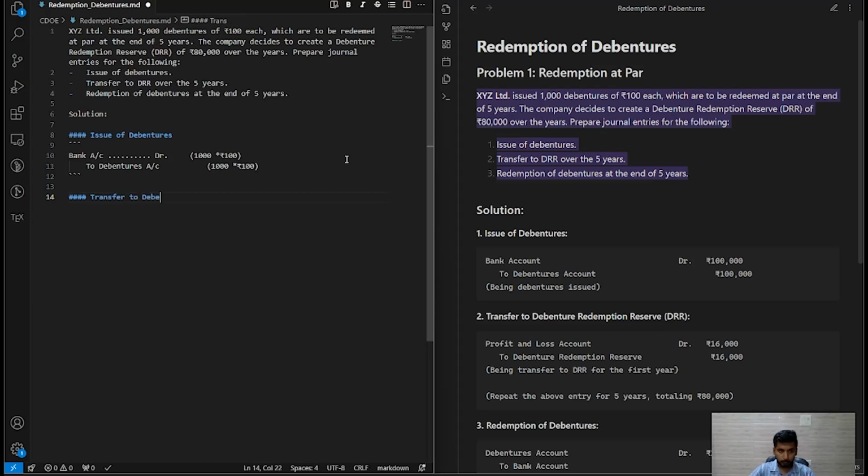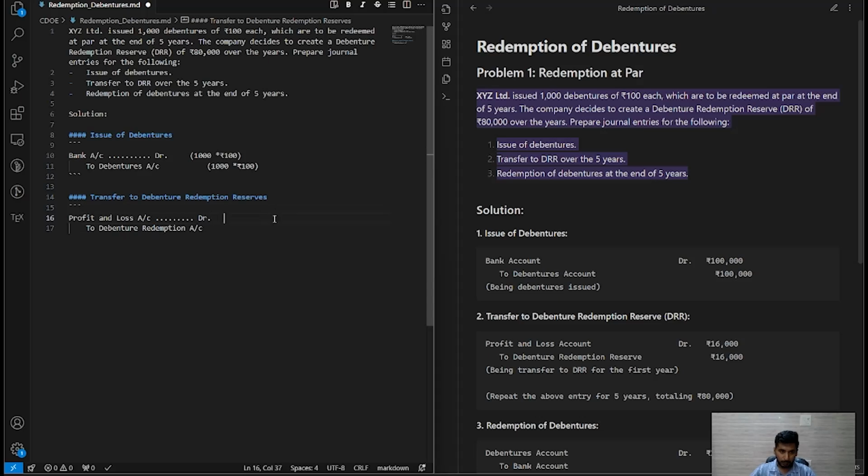Profit and loss account debit, because this reserve is created out of the profits, to debenture redemption reserve account.